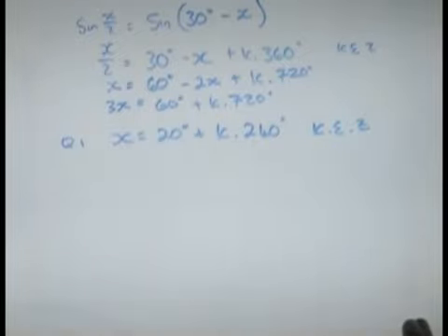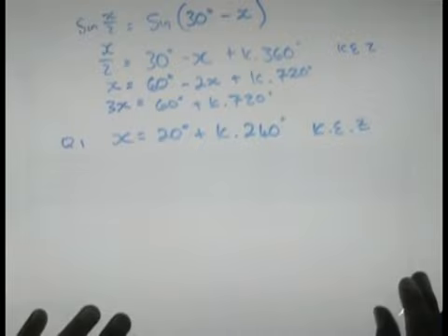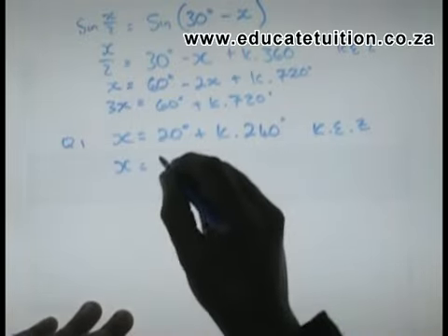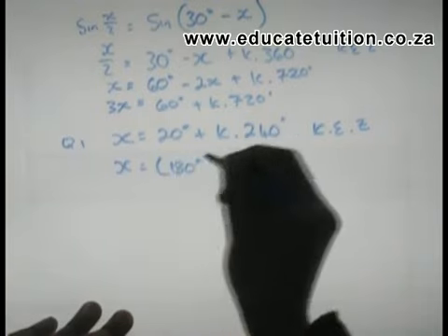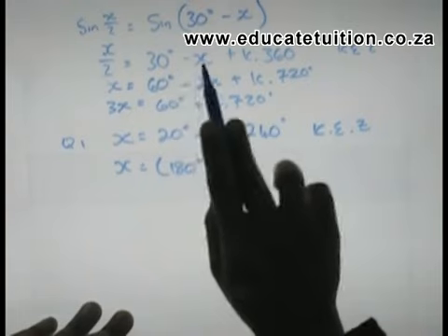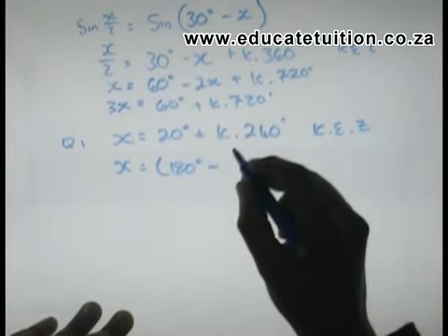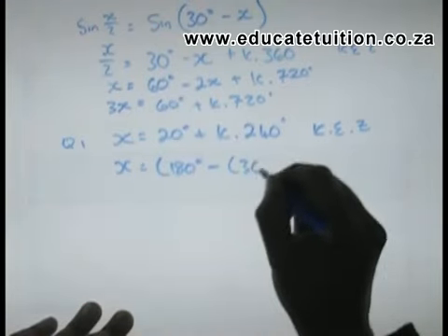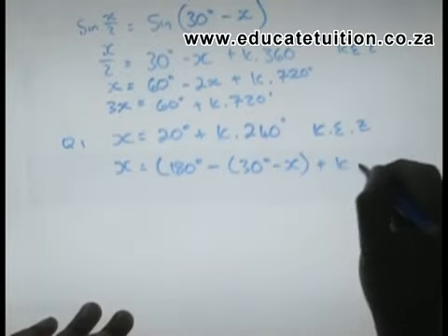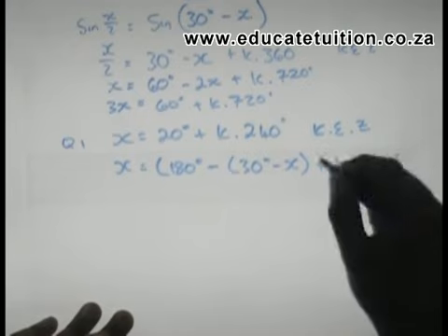remember I said that the quadrant 2 solution is going to be when x over 2 is equal to 180 degrees minus that whole thing. So it's 180 degrees minus (30 degrees minus x) plus k times 360 degrees.